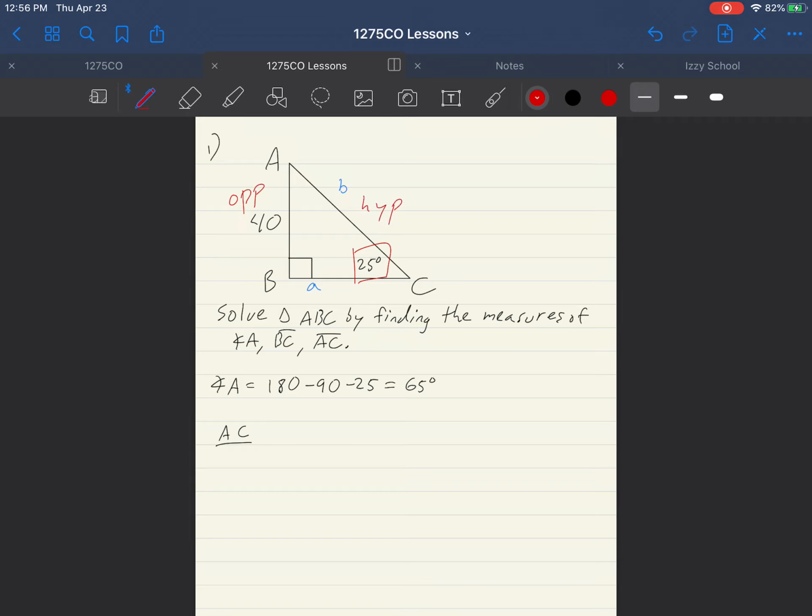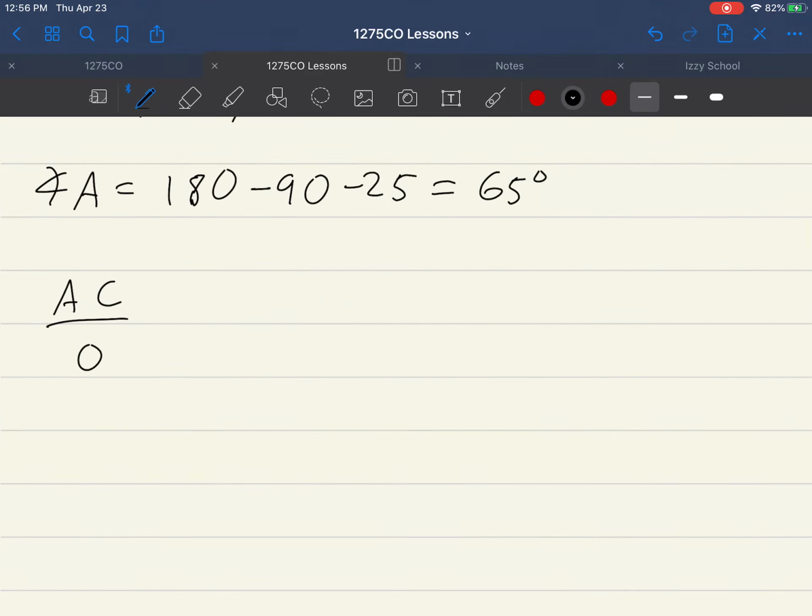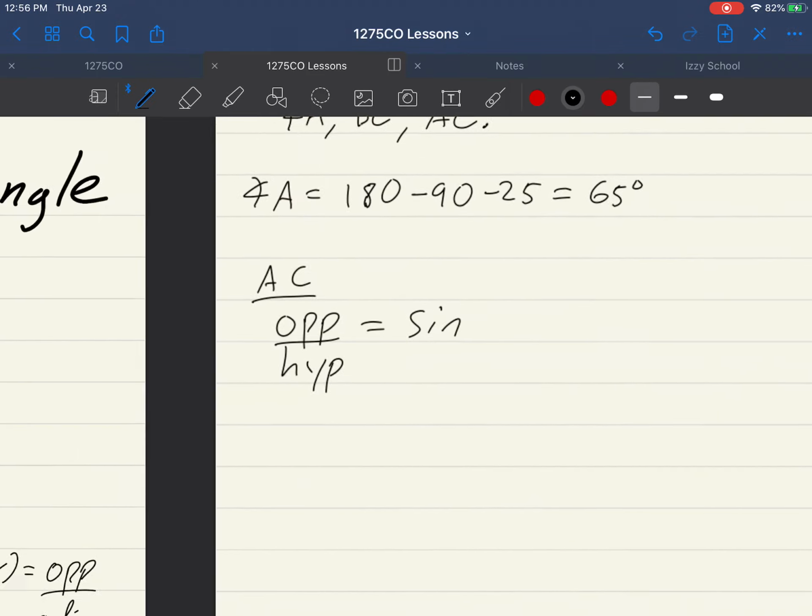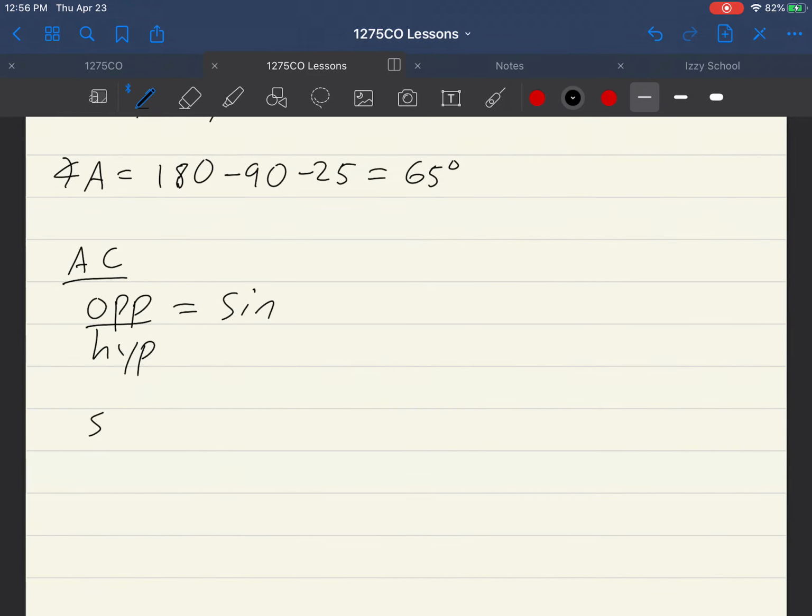All right, so let's work from there. The values of opposite over hypotenuse indicate that we are going to be using the sine function.